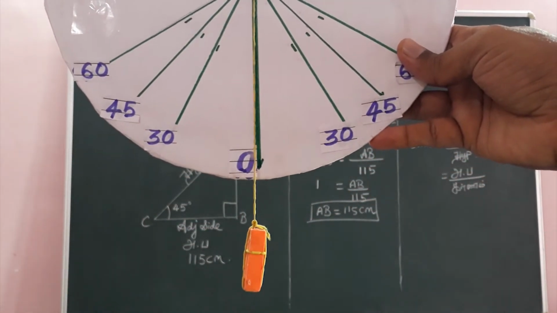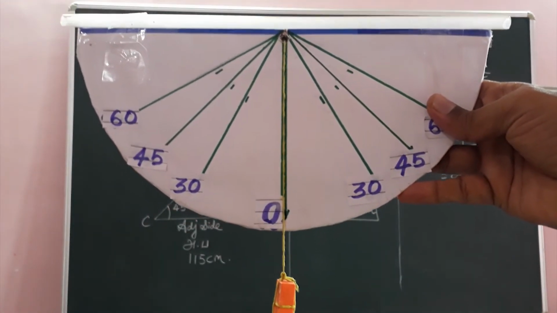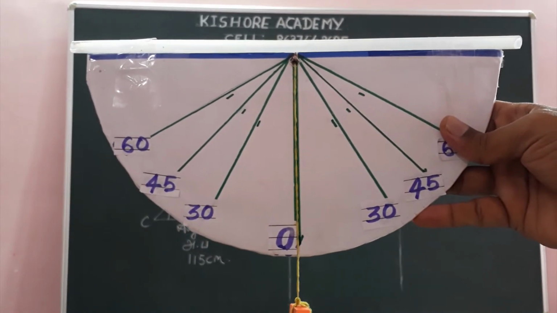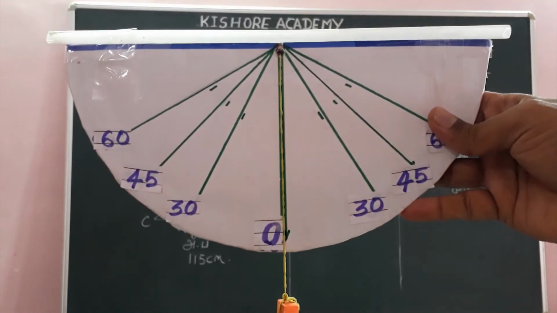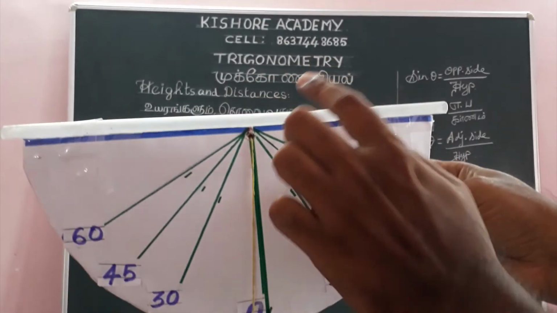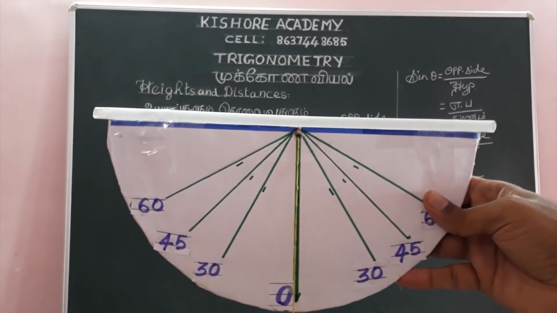The other end of the thread is tied with an eraser. The purpose of the eraser is to keep the thread stiff, so you can use any object to make the thread stiff. Now on the top of the semicircle, paste a straw on it.